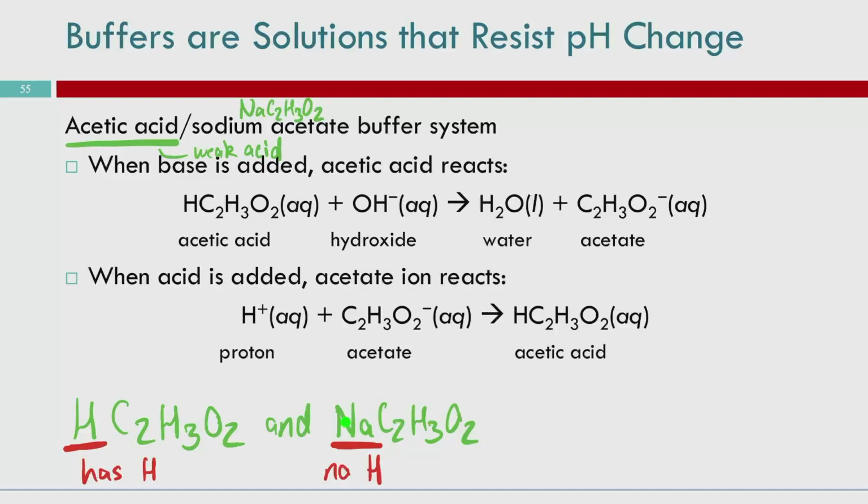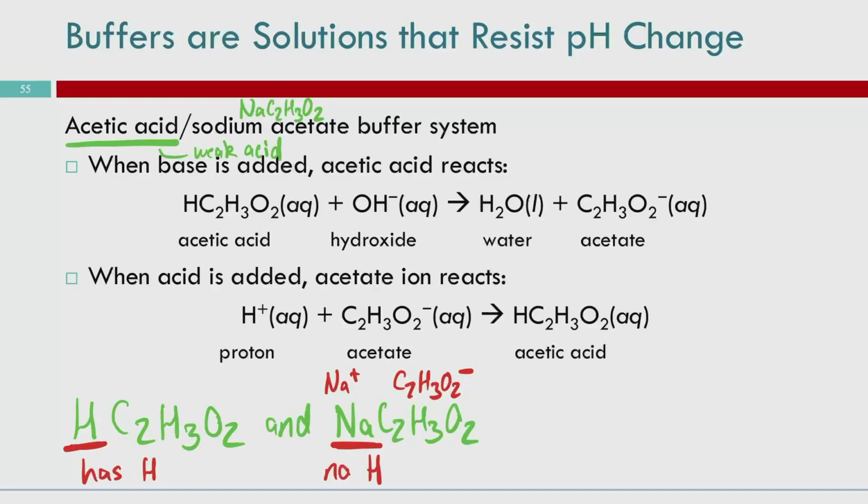It gets removed if we dissolve it into solution, and then we would have the C2H3O2 minus that we'd be looking for. So in solution, that would look like this. And this is probably what you would be looking for, the C2H3O2 minus. That's what you would be looking for as the conjugate base for acetic acid.